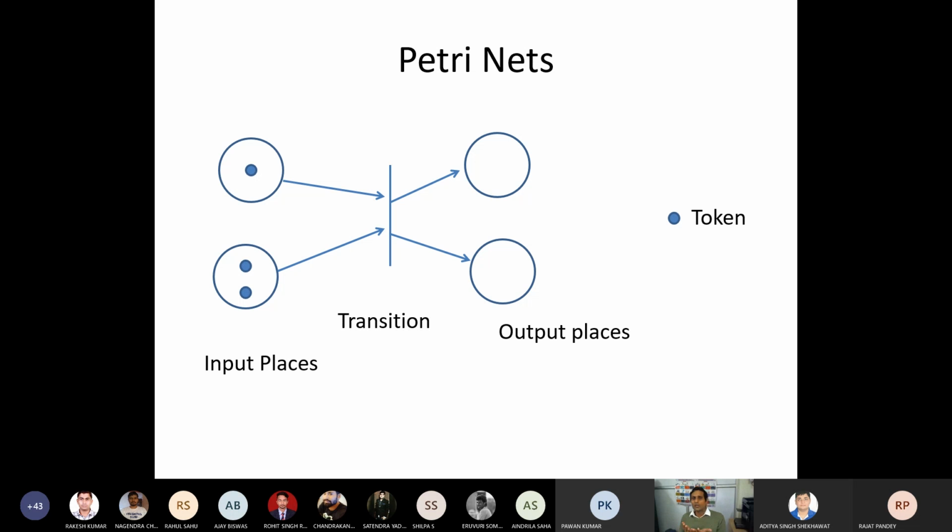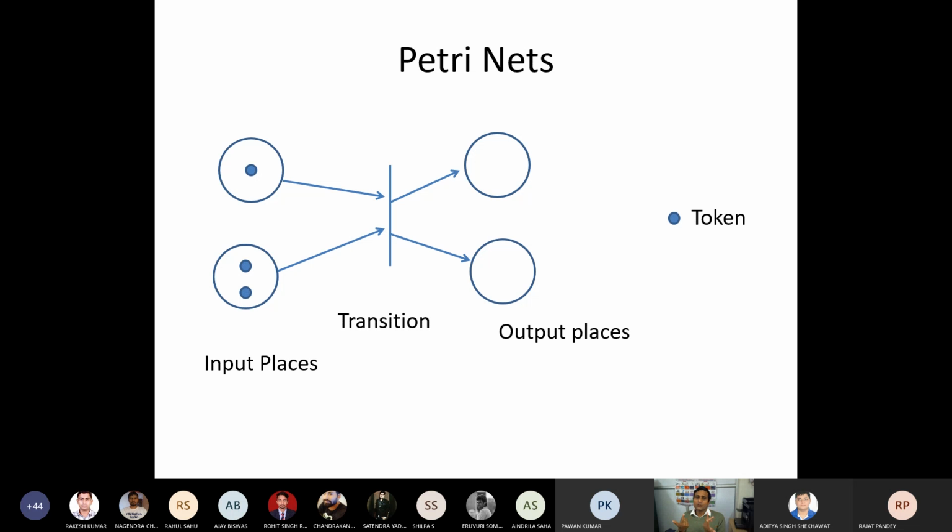Whenever you want to process anything, first you need to have some input, and if that input is not there, we should not process. This can be modeled by a concept called a token. If there are two requests, there should be two tokens.